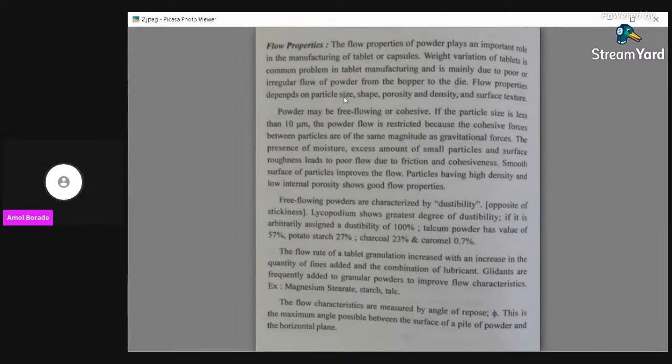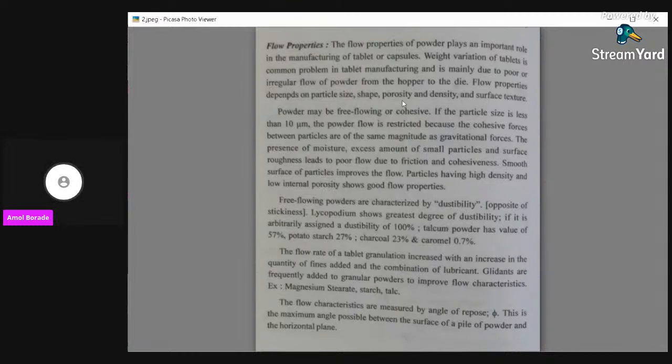Particle size and also its shape are going to influence the flow properties of powder. If the shapes are irregular or porous, another point being porosity, along with fracture, it will definitely alter the flow properties, because every particle may create an obstacle to other particles.